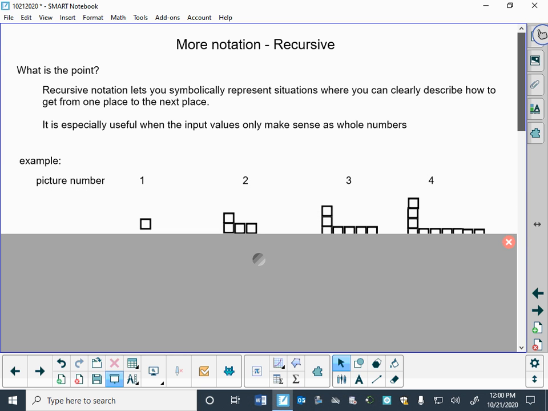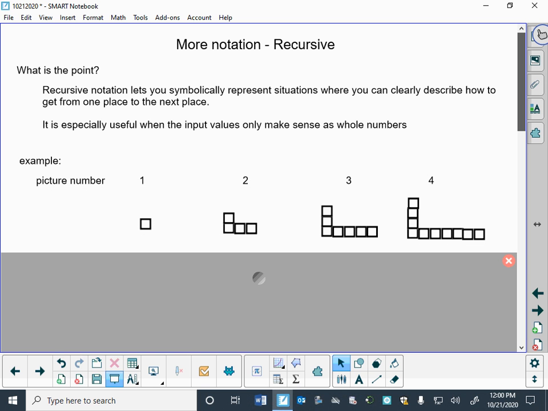So here's going to be my first example. We're going to do this kind of by example. I've got 4 pictures here. Each picture is something that happened to the previous picture along the way. So hopefully you can see what's happening here. This green square got these 2 added onto it and this one up here.